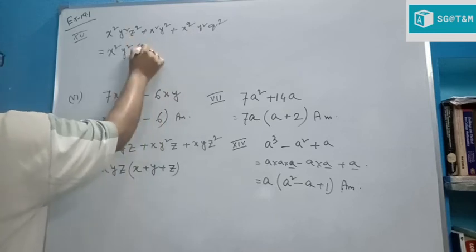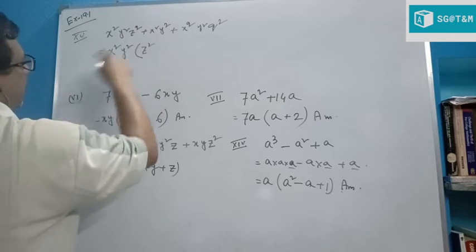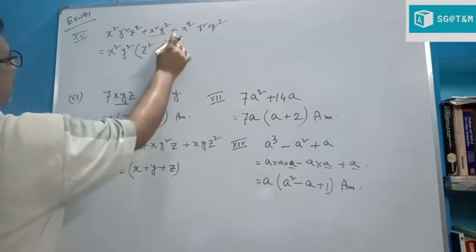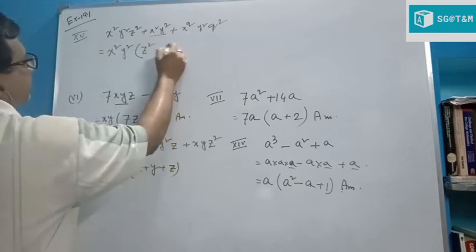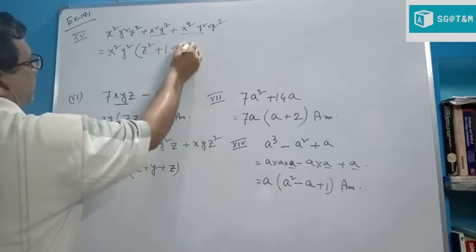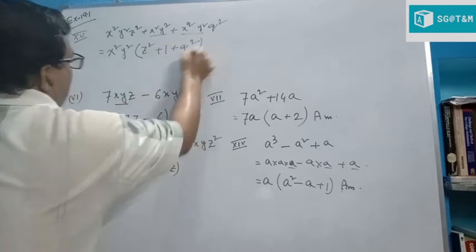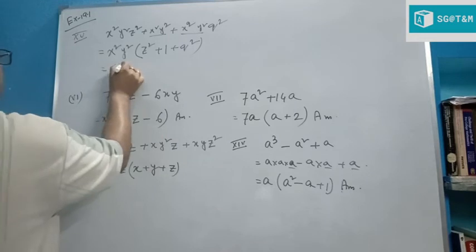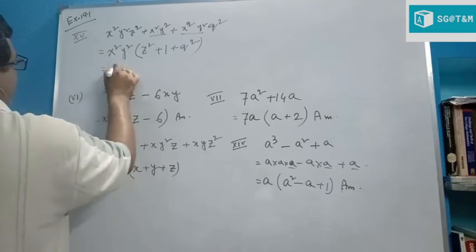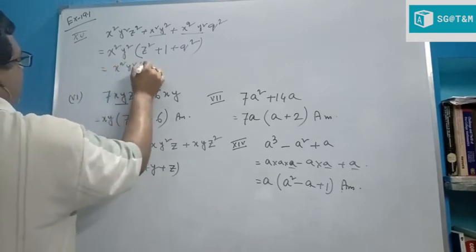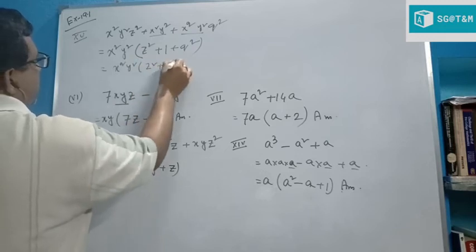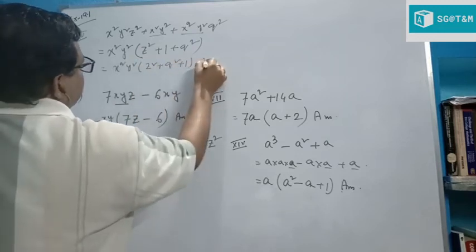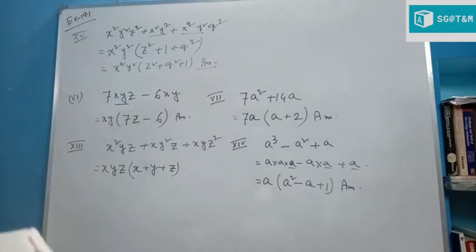The only remaining term in the first one is z square, in the second it is only 1, and from the third one, q square. So x square into y square, and the remaining terms z square plus q square plus 1. You may write it in this way also, x square y square into z square plus q square plus 1. Okay, very easy.